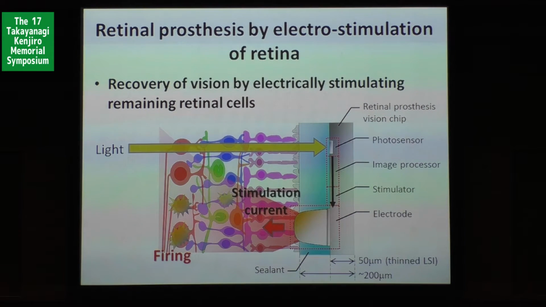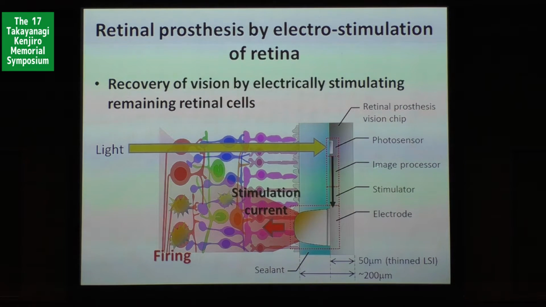There are several kinds of retinal prosthesis implementations, but one method is to implant a silicon chip beneath the retina, like this. Here is the retina, and here is a special LSI for retinal prosthesis. Light comes from this direction, and there is a photo sensor that converts the light to an electric signal.